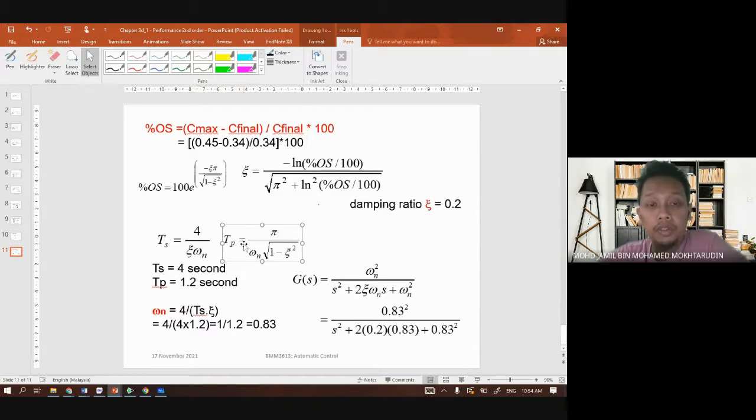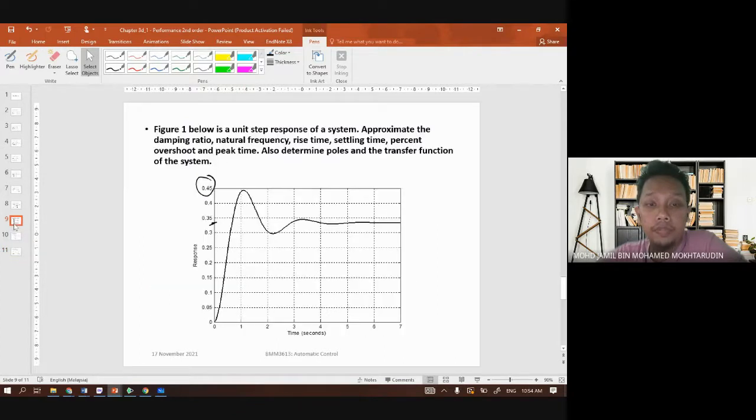Peak time, because you just need to know where is the maximum value of the graph. So the maximum value is somewhere about maybe 1.1, okay, somewhere about here. Okay, 1.1 or 1.2, okay.